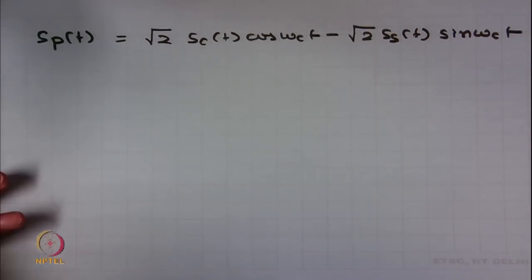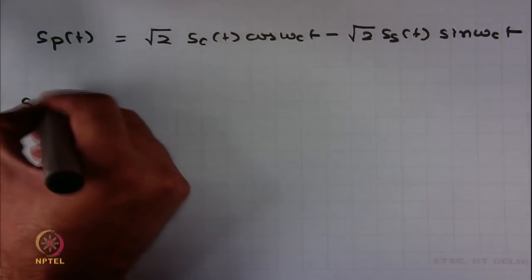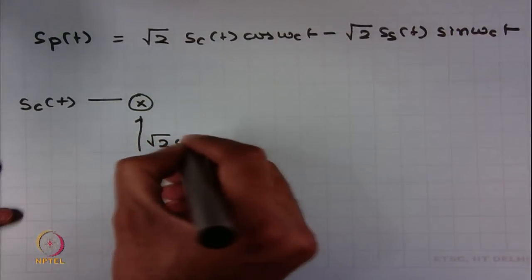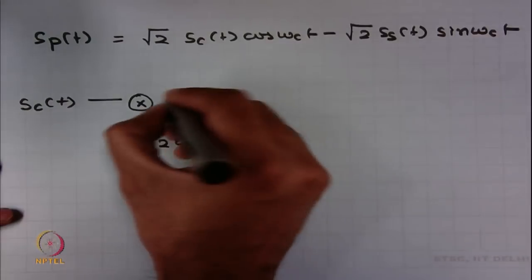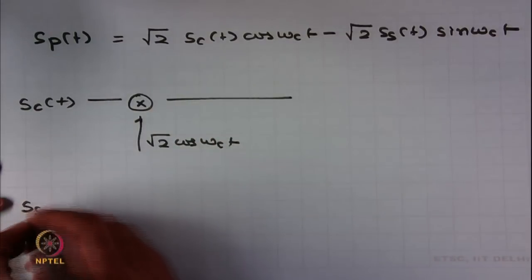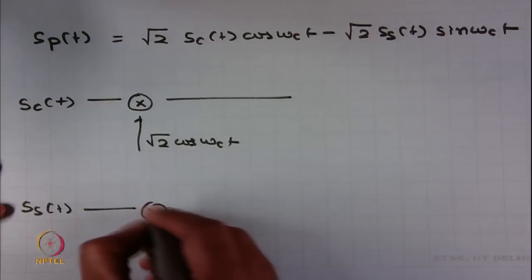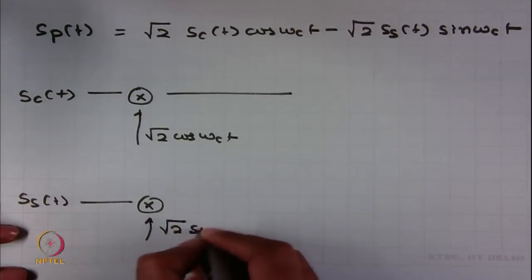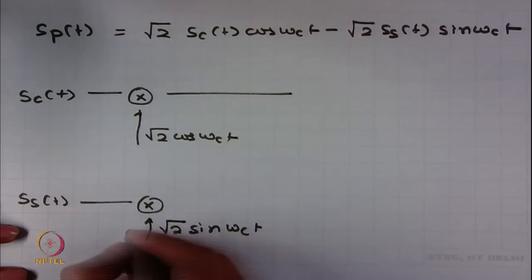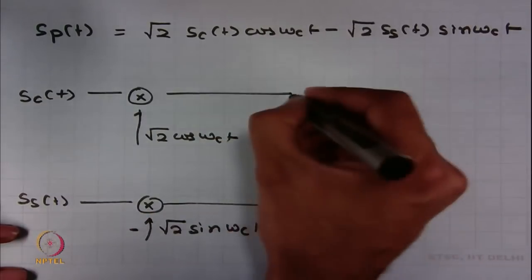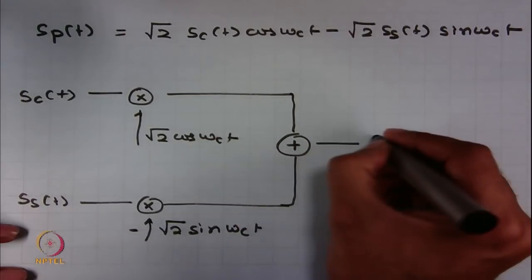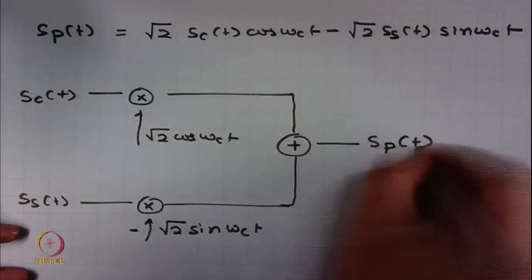So, in practice what you can do is you can take this S_c(t), which is a real signal, multiply this with root 2 cos omega_c t, you take S_s(t), multiply this with root 2 sin omega_c t, the minus, and you add these two things, what you get is S_p(t).